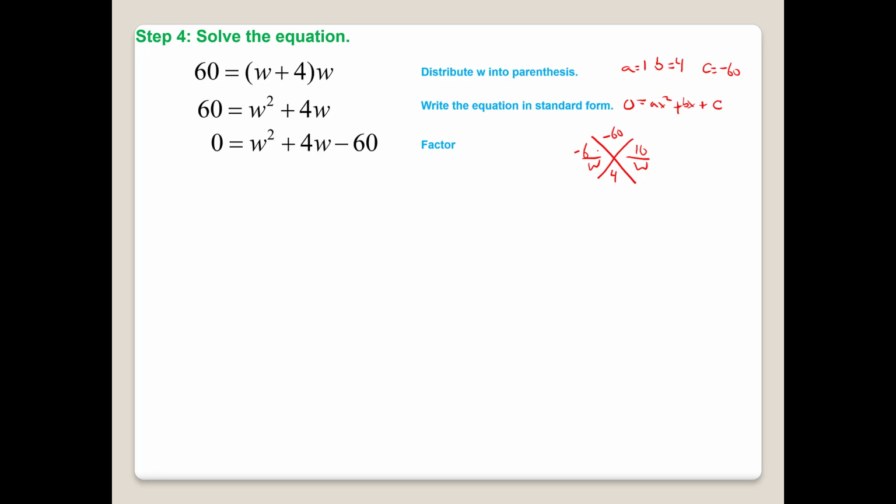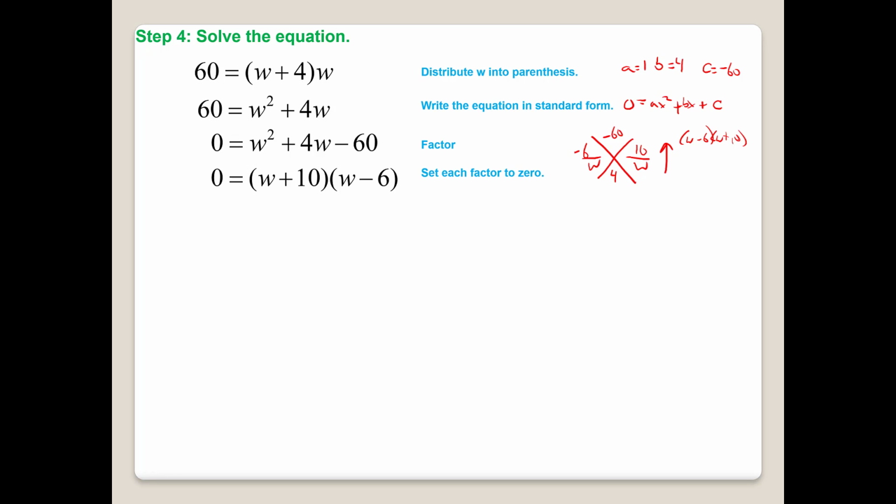So negative 6 times 10 gives me negative 60, and negative 6 plus 10 gives me a positive 4. If you did bottoms up and wrote W minus 6 times W plus 10, we should get our factors, W plus 10 times W minus 6. So the same values we got.